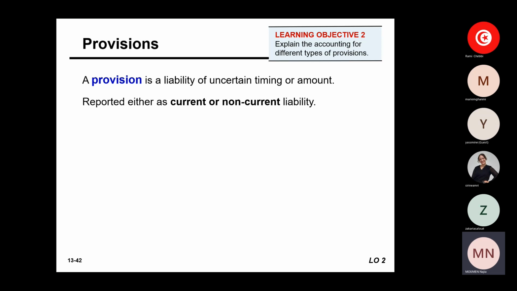That's what we call a provision, and that's the main feature that makes this type of situation different from the other liabilities, because remember what we defined as a liability: a present obligation that will be settled. In the other types, for example accounts payable, when you purchase on account, on credit, the amount is really known.